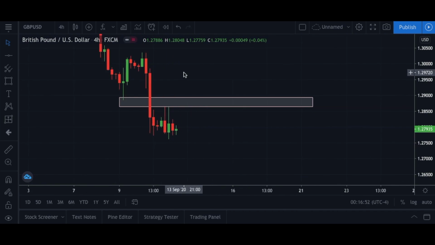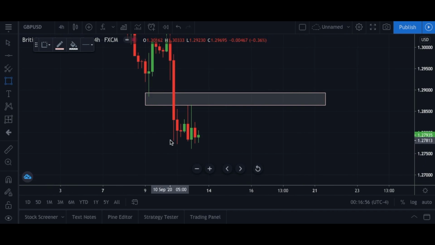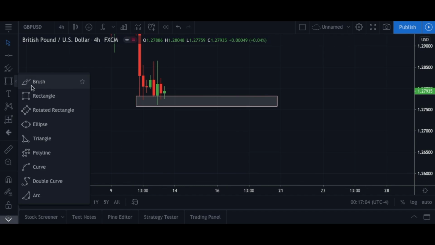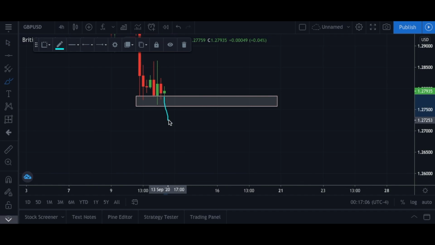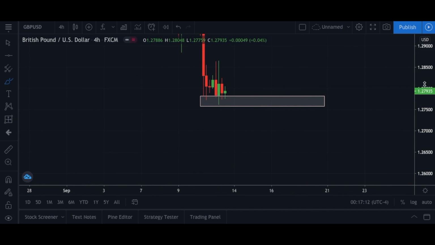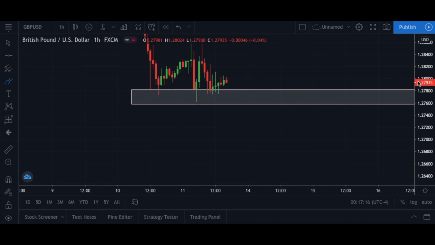So if we're looking at current price action now, very, very similar, literally exactly the same as GJ. I would be waiting for price to break down, wait for that retest, and then go down, and then pull down. So yeah, that's pretty much it, honestly. We can go down to the 1 hour and see.